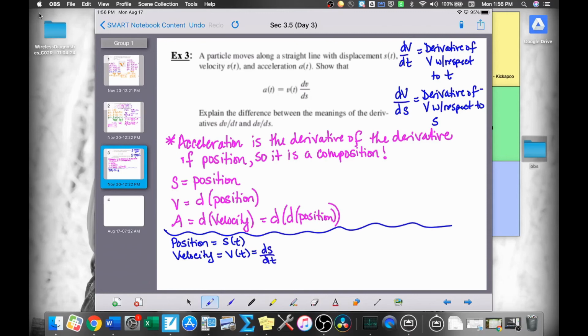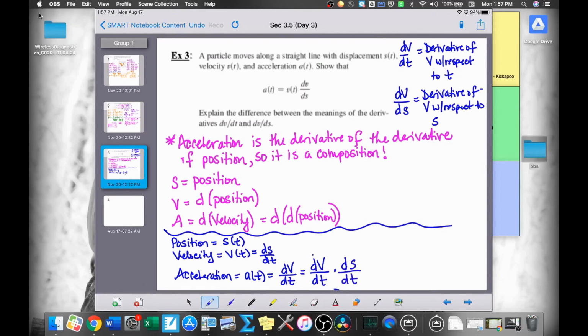And then our acceleration, this is the one they want us to show here, which we call a of t, is equal to the derivative of velocity with respect to time. But we know that that's actually a composition, that's actually equal to the derivative of velocity with respect to position, that's the derivative of the outer at the inner, times the derivative of position with respect to time.